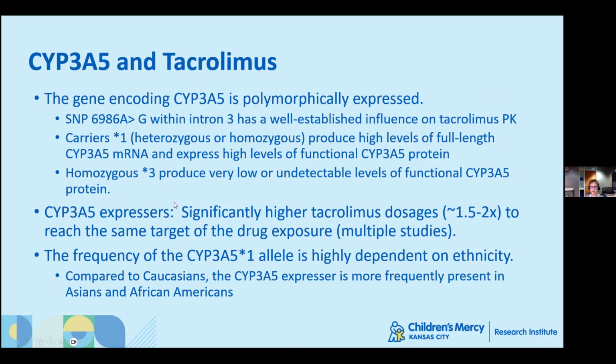So there is some interest in maybe utilizing inhibitors of 3A5 to improve or decrease dosage of tacrolimus, which is a fairly expensive substance, and also be able to achieve inhibition or serum concentrations required in this population.